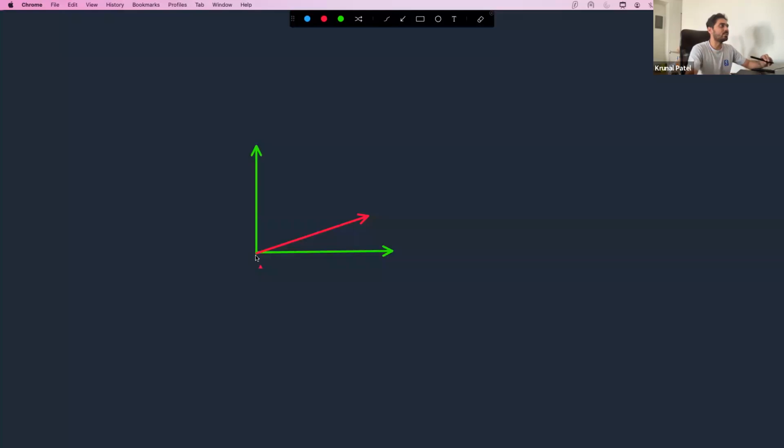Or let's even take a simpler example. Let's say I'm not really transforming my x-axis, I'm just stretching it a little bit. So this is my new i hat vector. If this was my previous i hat vector, then this is my new unit vector in the x-axis, and the y-axis I just completely collapsed. I squeezed it so much that now it is basically a single point.